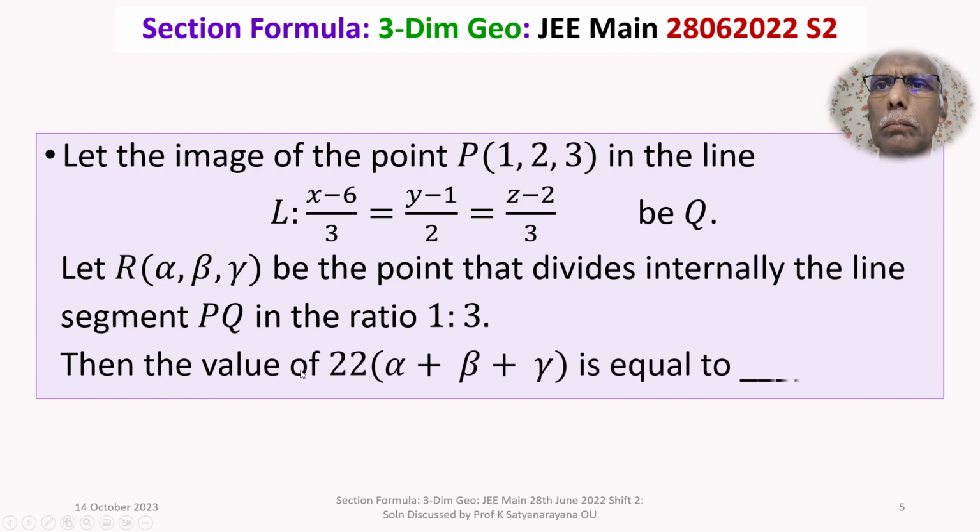Then the value of 22 times (alpha plus beta plus gamma) is equal to.